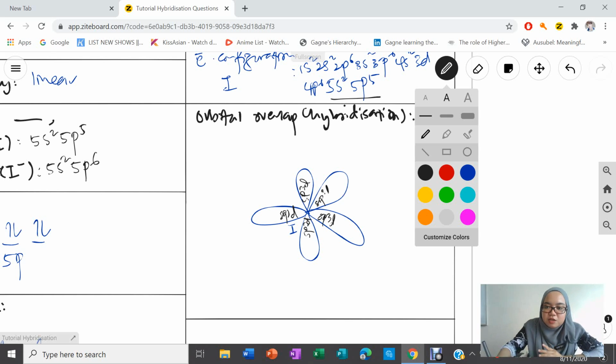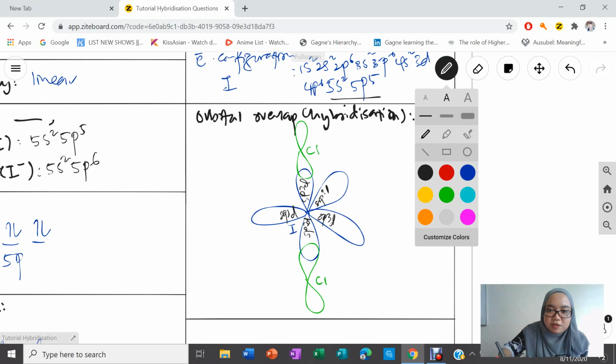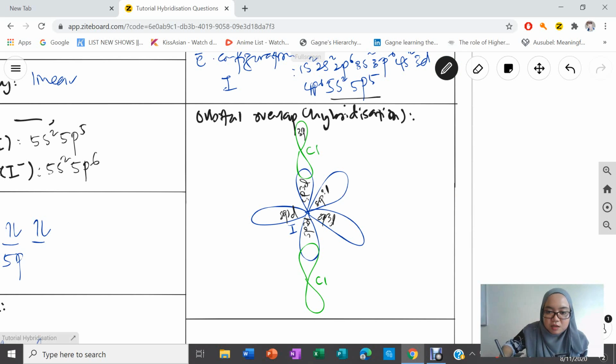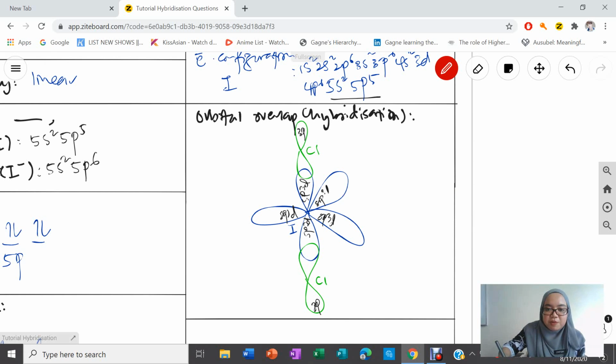There are two Cl, right? So the linear ones here. 1, 2. Okay, so this is Cl. And then we label this 3p. And then you know that they have 3 lone pairs. So 3 lone pairs are here. Okay, 1, 2, 3, 4, 5, 6.